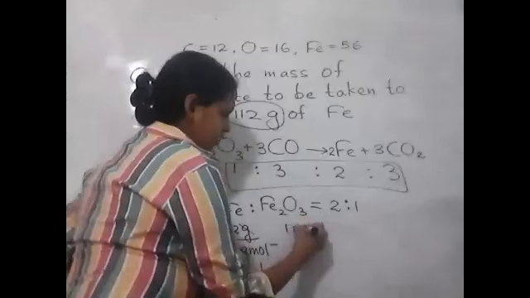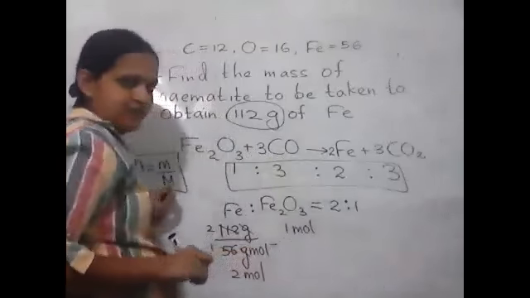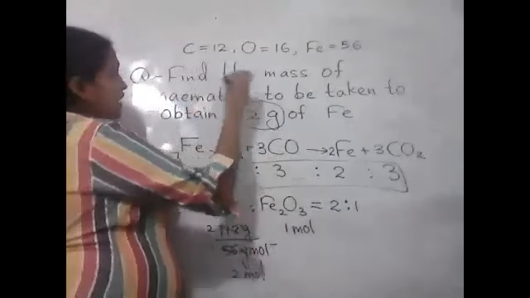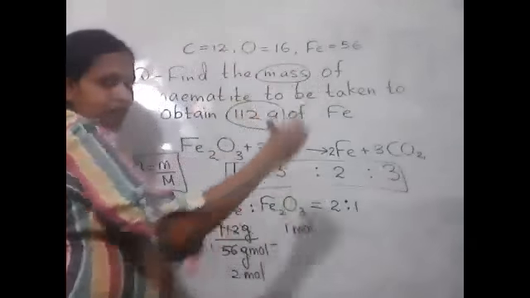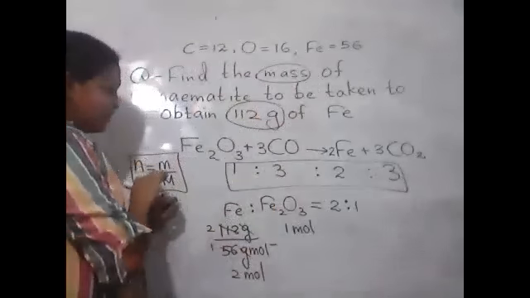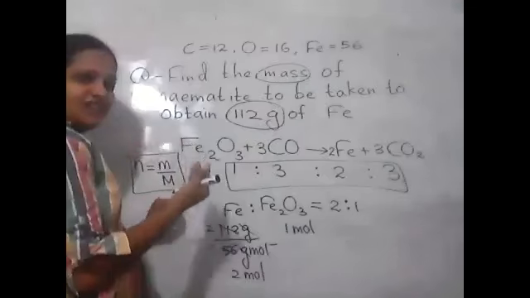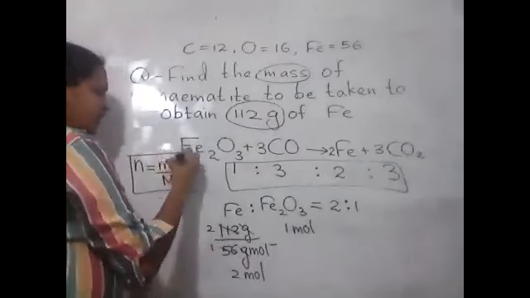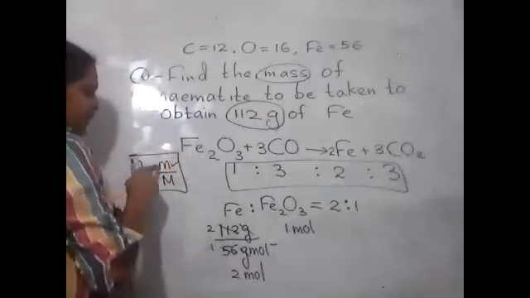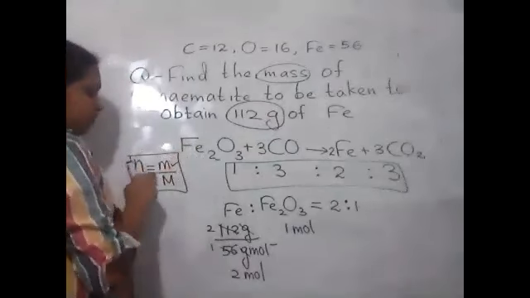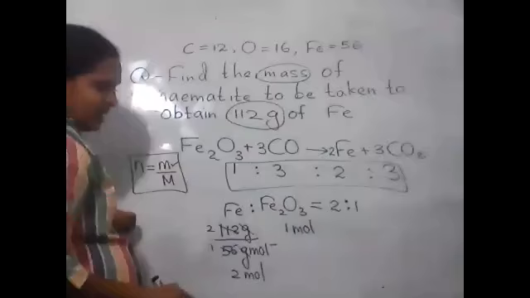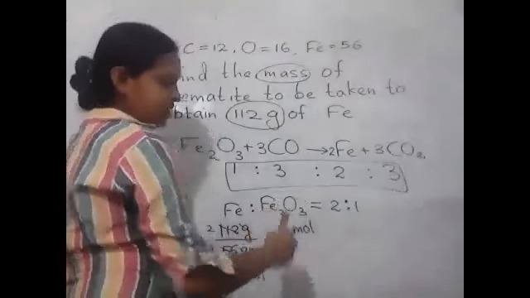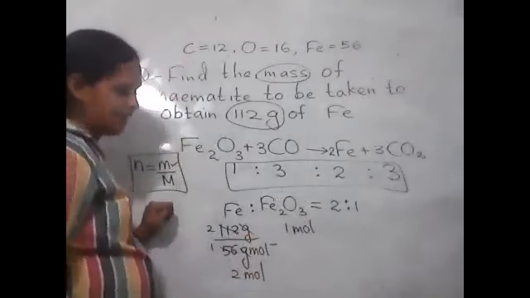Now you are asked to find the mass of hematite. So you use the same equation again in another manner. Now you have to find the mass when you are given the number of moles and the molar mass. So for that you have to find the molar mass of hematite.